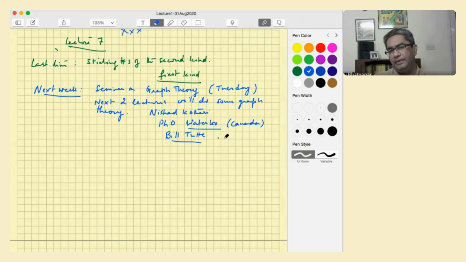This is a very famous department, and in fact, Maple was developed here. Its computer science, math, and combinatorics departments are very well known. And well, Bill Tutte, you can read about him if you want.